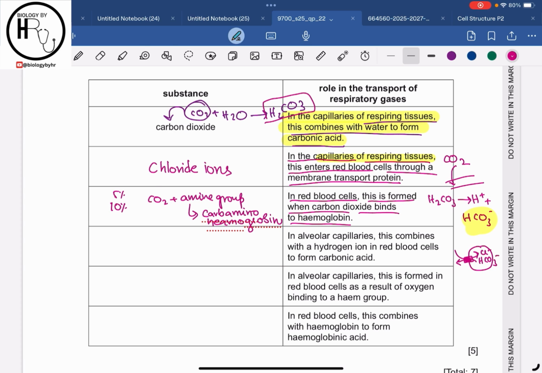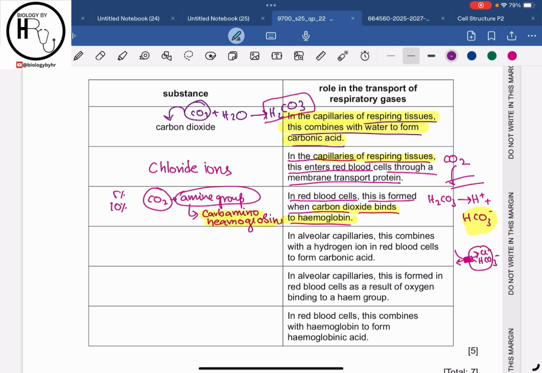So when carbon dioxide directly binds to the amine group at the end terminal of the polypeptide chain of the hemoglobin, it forms the carbaminohemoglobin. So the answer over here would be carbaminohemoglobin when carbon dioxide binds to the hemoglobin. Whenever the carbon dioxide binds to the hemoglobin, it binds at the amine group of the polypeptide chain of the hemoglobin. So the answer over here is the carbaminohemoglobin.